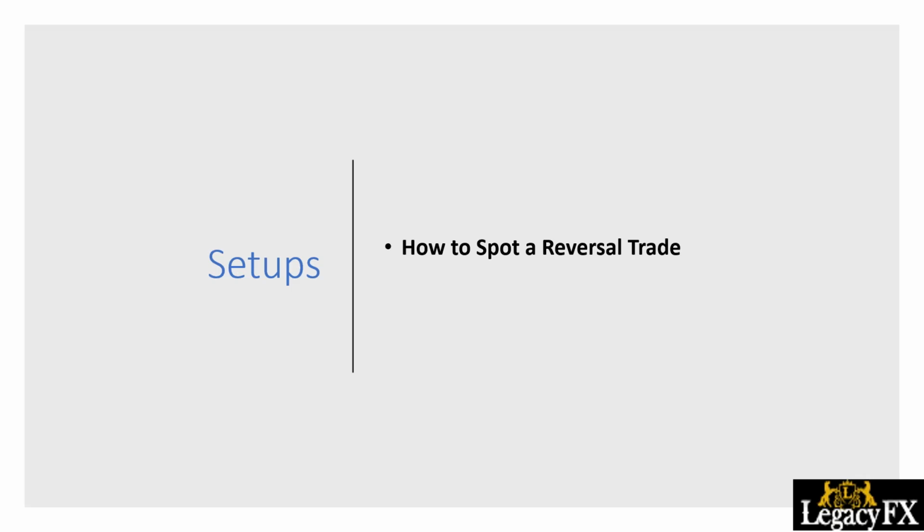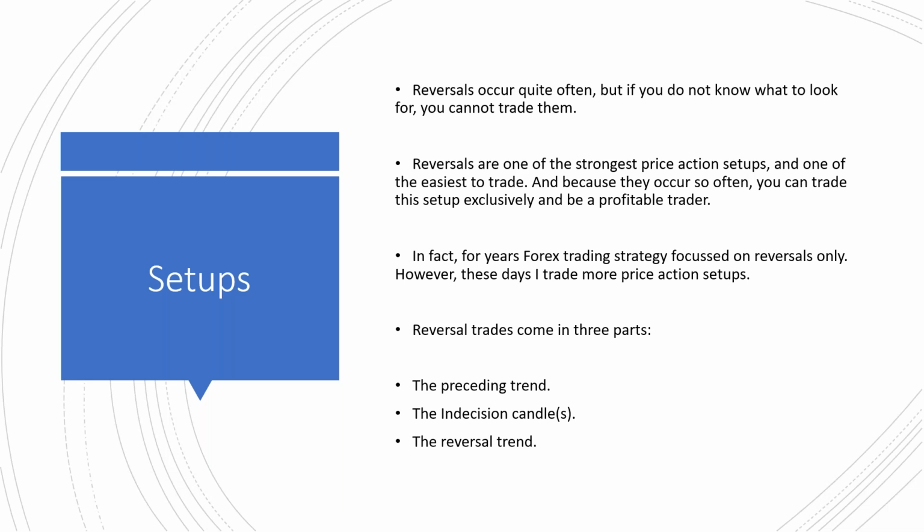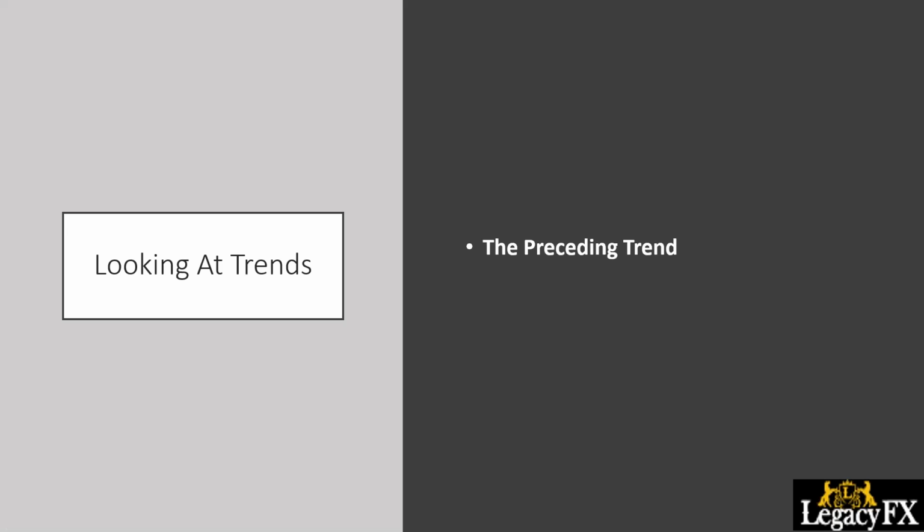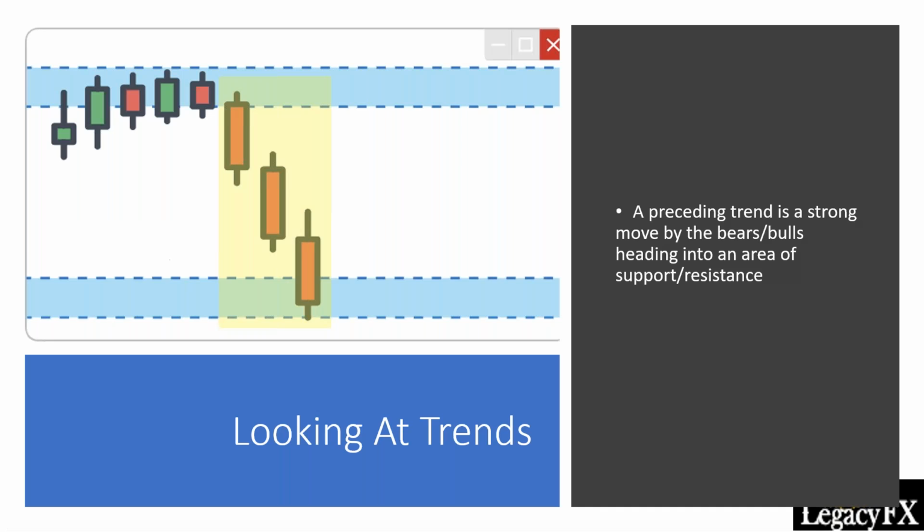In this case, we're using what's called a reversal trade setup. So a reversal trade comes in three parts: the preceding trend, not trend line, just trend, the indecision candle, and then the reversal trend.